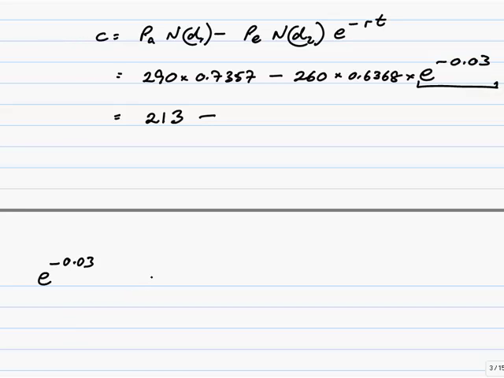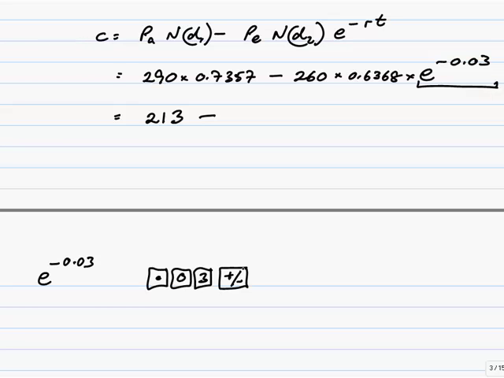I press, in this order, 0.03, and showing in my screen is 0.03. I then need it to be negative, so I've got a button with plus minus on it. I press that, and the screen now shows minus 0.03.